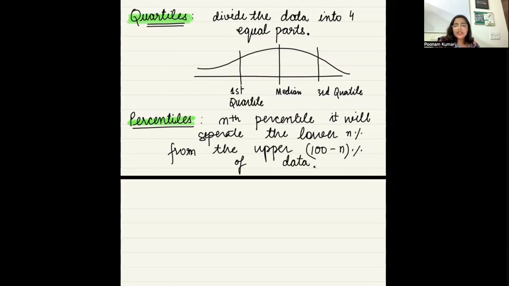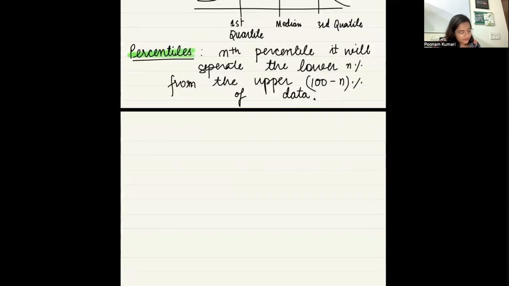So percentile can be calculated for any n value, going from 0 to 100. Let's say I say 50th percentile. What does that mean?